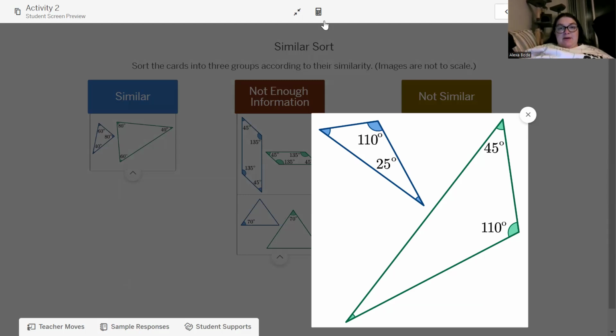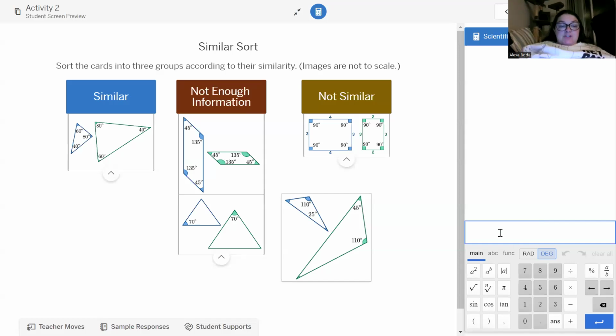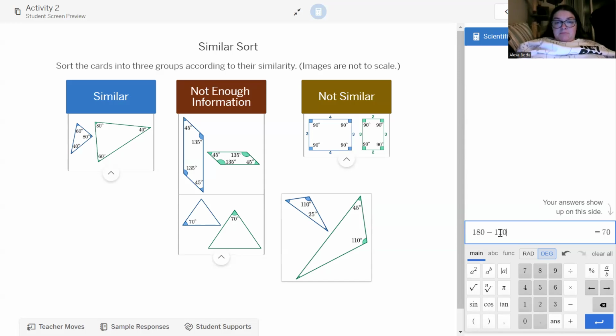Again, if I pull up my calculator, I do 180 minus 110 minus 25. That gives me 45. So in the blue one, it's saying that this last angle should be 45.